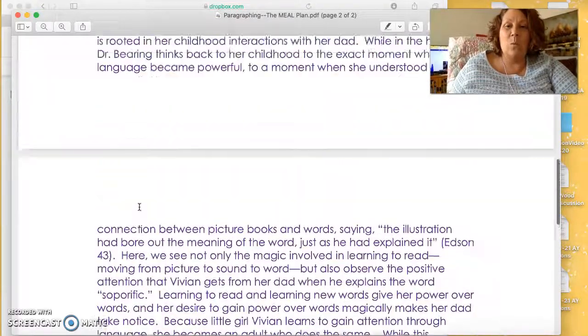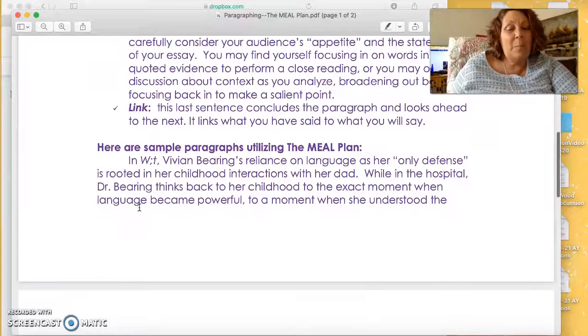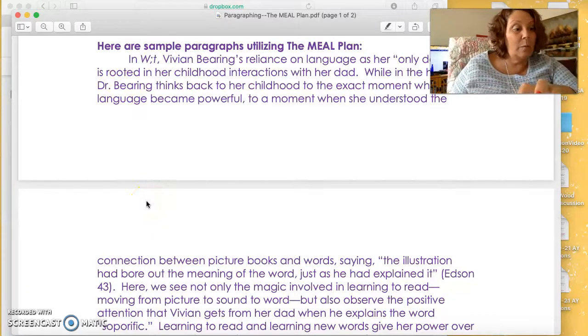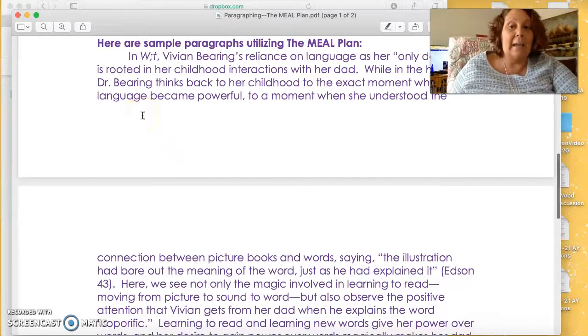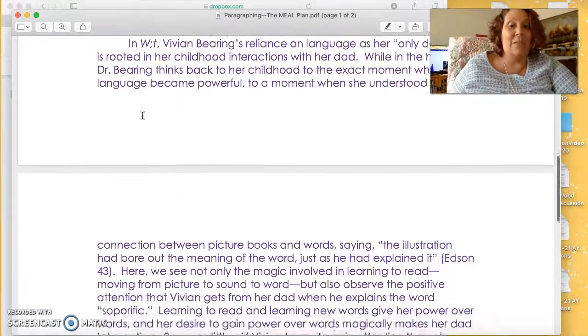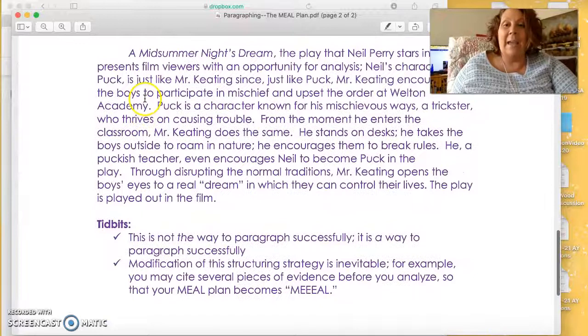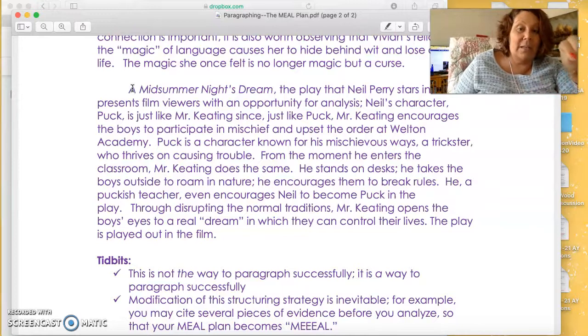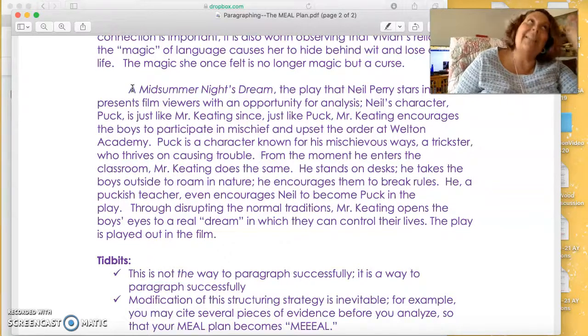We had read Wit, a play, so I took a student's meal plan paragraph where they had incorporated this heuristic, got permission, and gave them the student's example. And in another one, I've taught Dead Poets Society, and a student had written a paper on A Midsummer Night's Dream, which appears in Dead Poets Society.